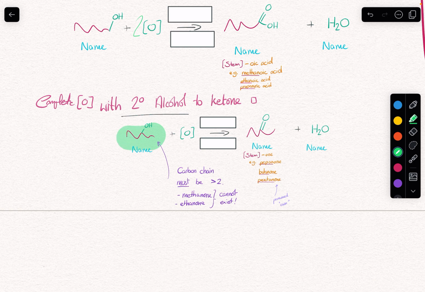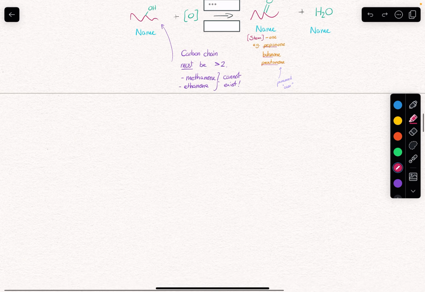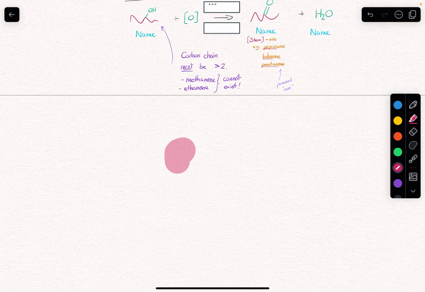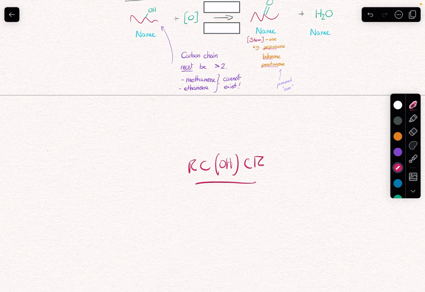These little red squiggles, you'll see a lot of this in my drawings. This is just a squiggle to represent an R group. If I was to write out R, C, O, H, C, R, I think most of you would end up crying. It's not very clear and doesn't really make sense.